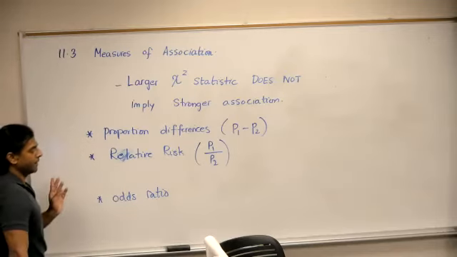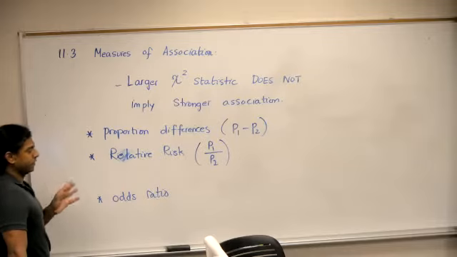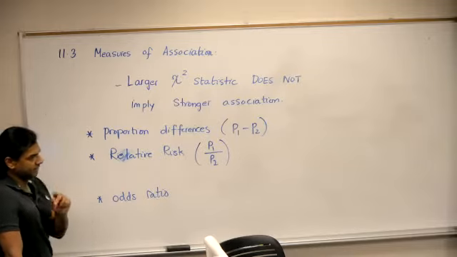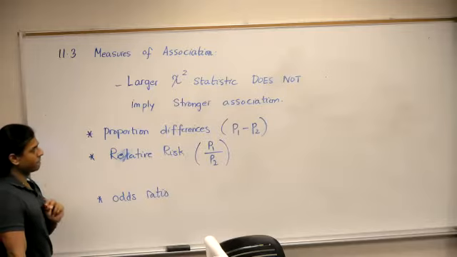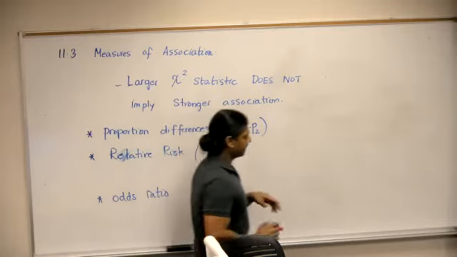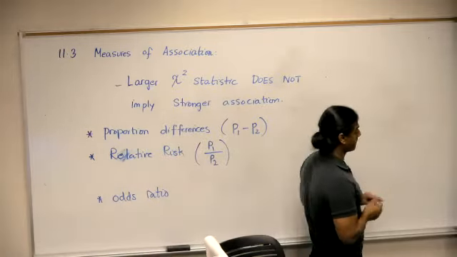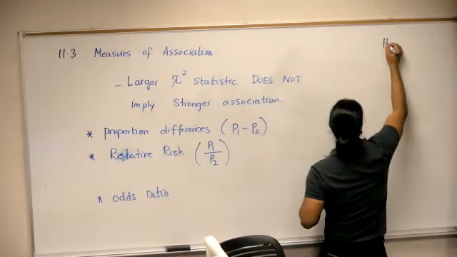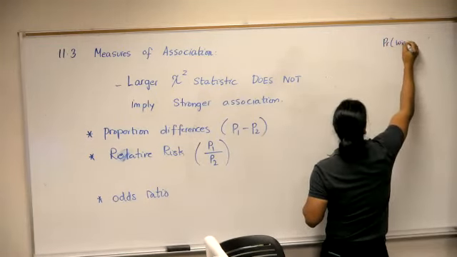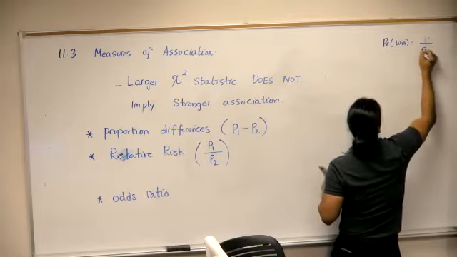If we want to know about odds ratio, we've got to know what odds are. Now, suppose you play a game and the probability that you win is 1 in 50.